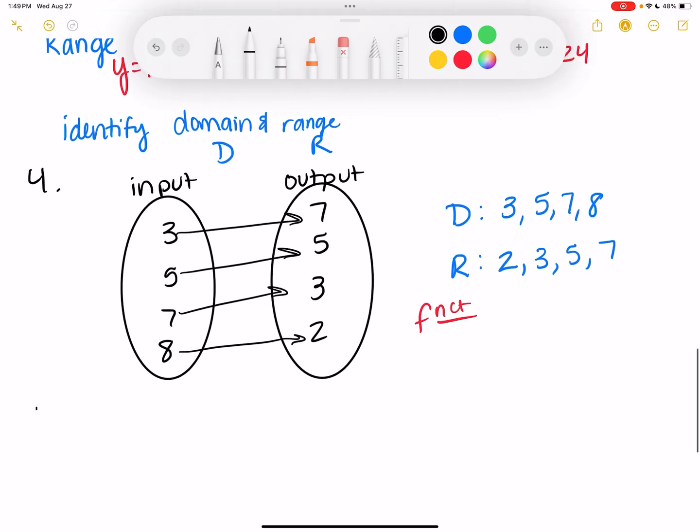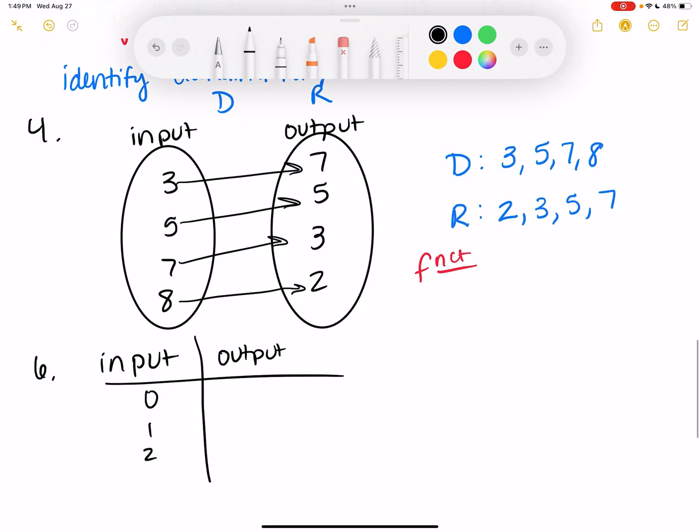6, we have a table this time. So the input values are 0, 1, 2, and 3. And the output values 7.5, 9.5, 11.5, and 13.5.